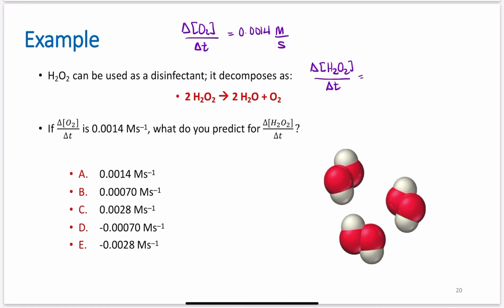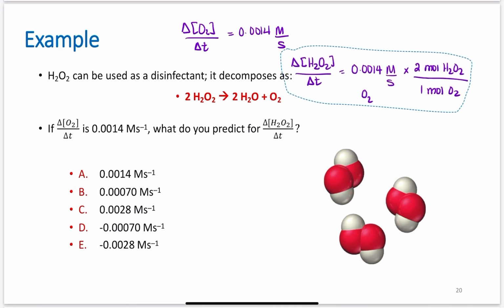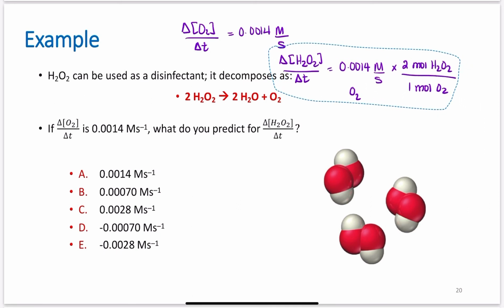So I can use my stoichiometric ratios. I can say 0.0014 molar per second for O2. I'm going to write it down here just because we're out of space. And I see the molar ratio here: 2 moles of H2O2 react to produce 1 mole of O2. This gives me an answer of 0.0028 molar.